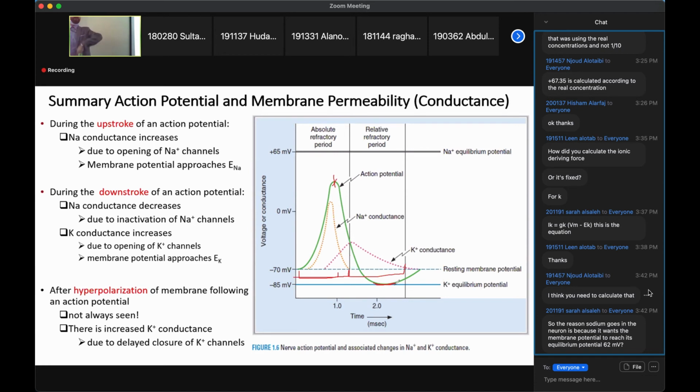It's more negative than the resting state. And so a huge effort is required in order to take the membrane to the threshold to generate another action potential. Okay?